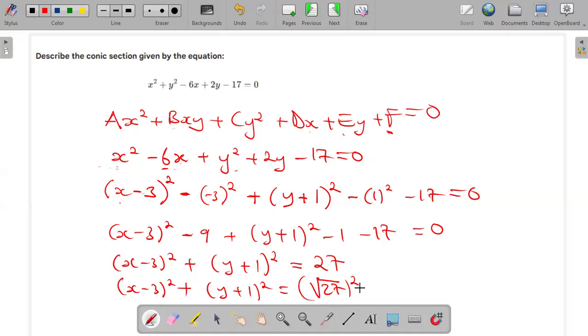From here, now let me write the general form such that you get why I've written this as root of 27 squared. What's the square root of 27? Response? What's the square root of 27?